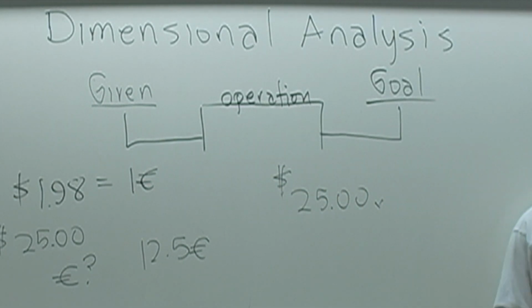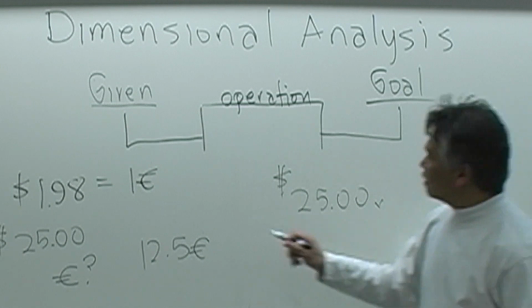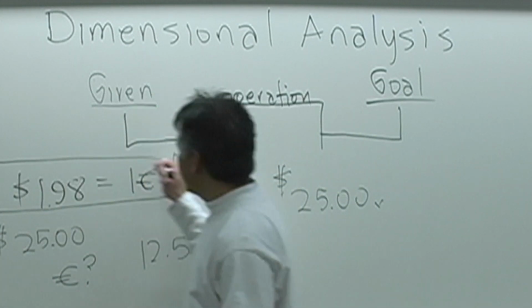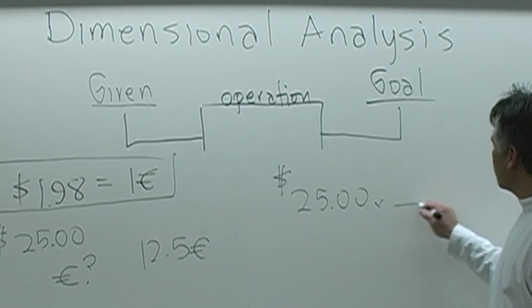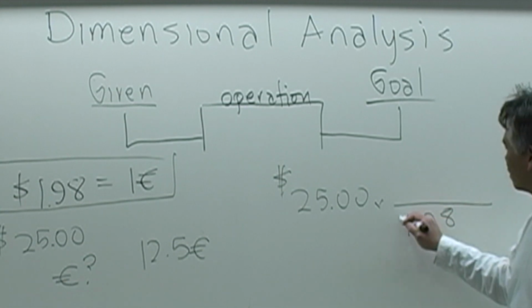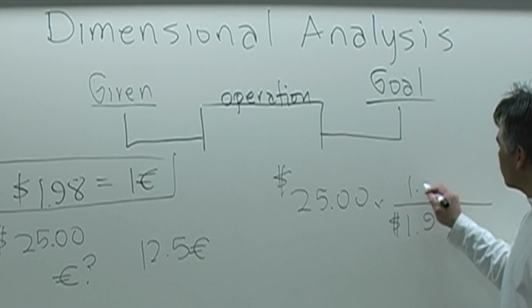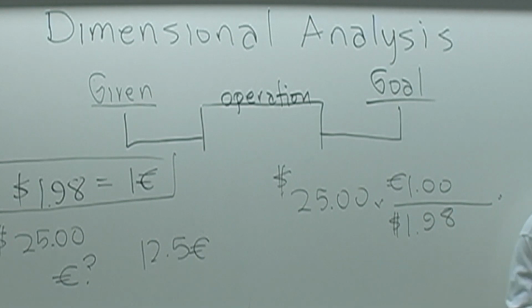The next step is you use a translator, and the translator is the currency exchange rate. And you know that in the market, $1.98 is equal to 1 euro. So what you did was you took 1.98 down here, and you took 1 euro up here, and you did the math.